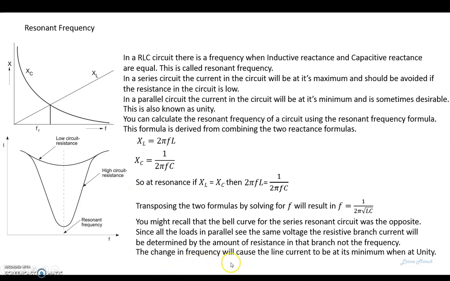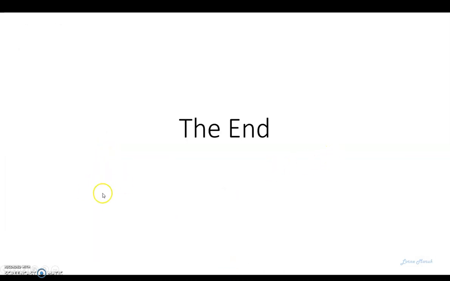And the change in frequency causes the line current to change to a minimum. So here we could be lagging, and we change the frequency and go to unity, and then maybe if we kept changing the frequency, go more leading. And that's all.